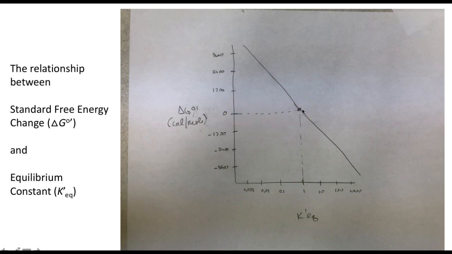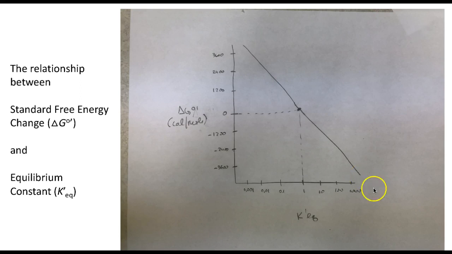And what we saw in our other examples is that when our equilibrium constant is less than 1, our standard free energy change is greater than 0. Whereas if our equilibrium constant is greater than 1, our standard free energy change is less than 0.